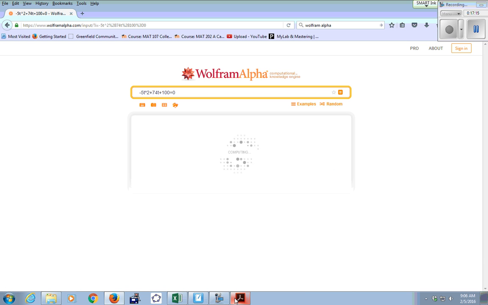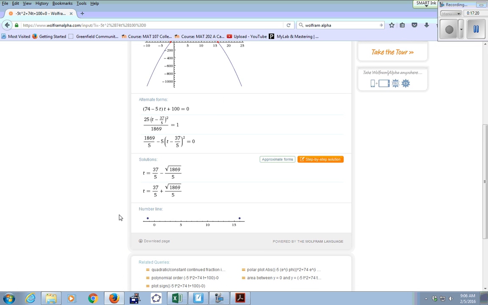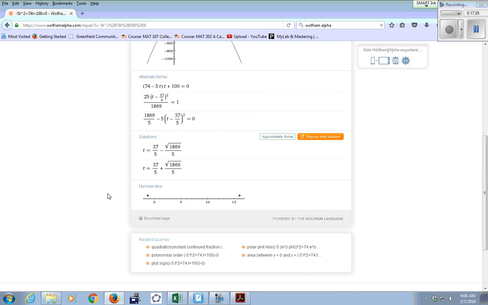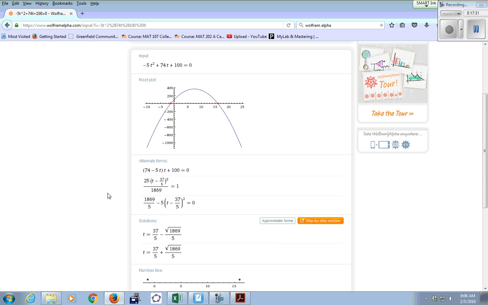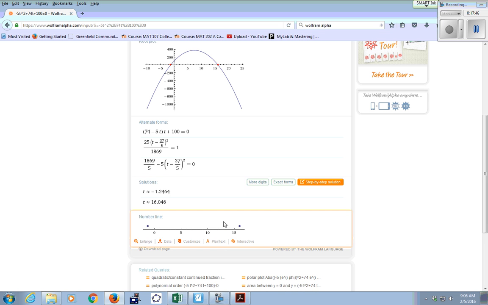And it's going to solve it for me. So there's my two solutions here using the quadratic formula. Will it give me decimal approximations? Yeah. There we go.